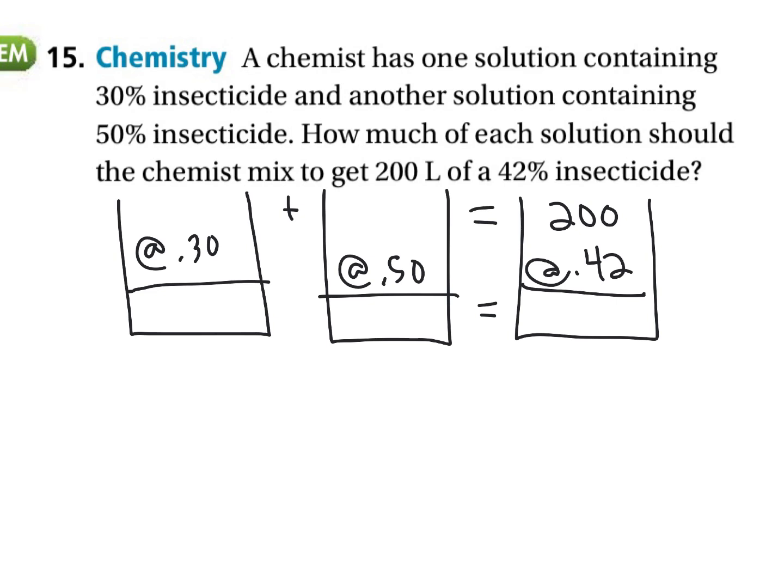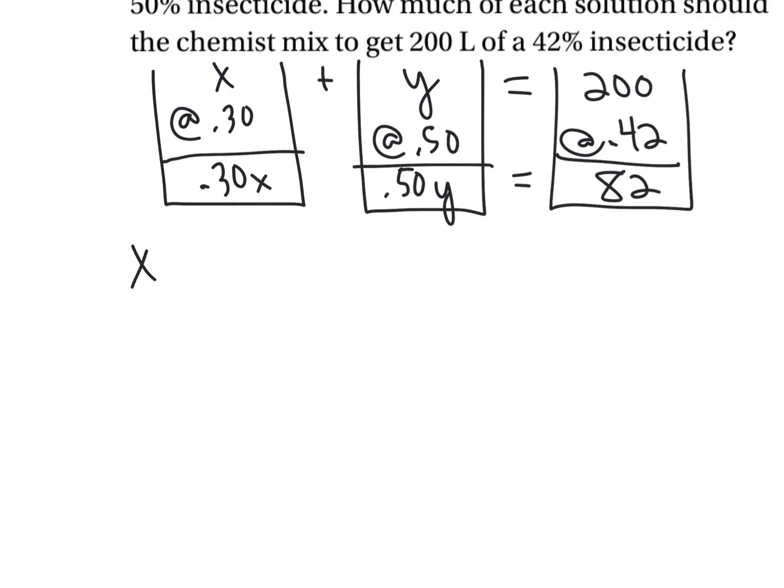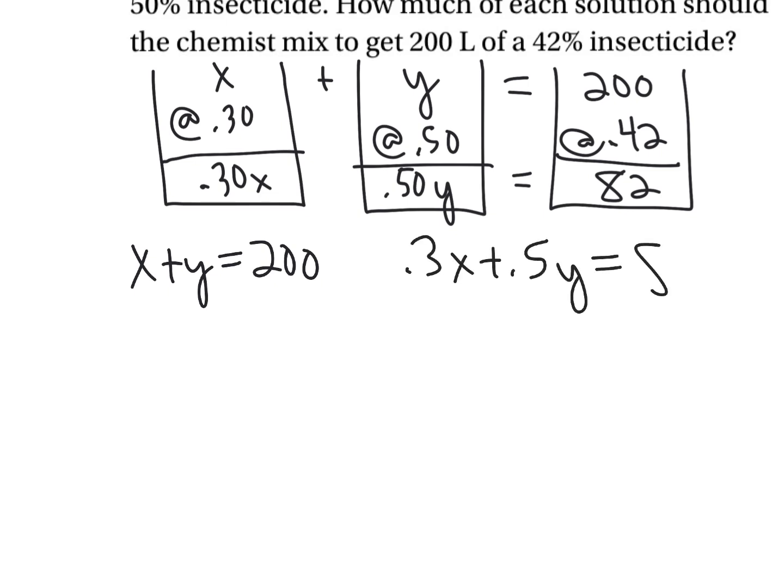Okay, so somehow we have x plus y equals 200, and then 0.30x plus 0.50y equals, and that should be 82. So those would be our two equations. If you want to rewrite them, you can. Might be a little neater to look at. This one, if you wanted to, we're not too far off here from substitution if you like that method.